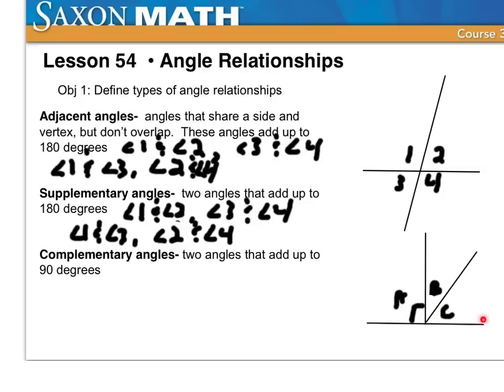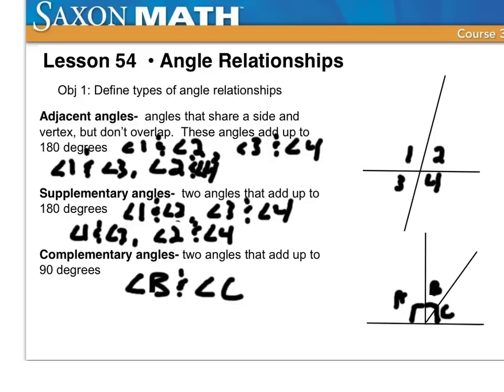So this whole angle is 90 degrees. So that means that angle B and angle C go together to make this one. So they are complementary. They add up to 90 degrees. So angle B and angle C are complementary because they make a 90-degree angle right here together.